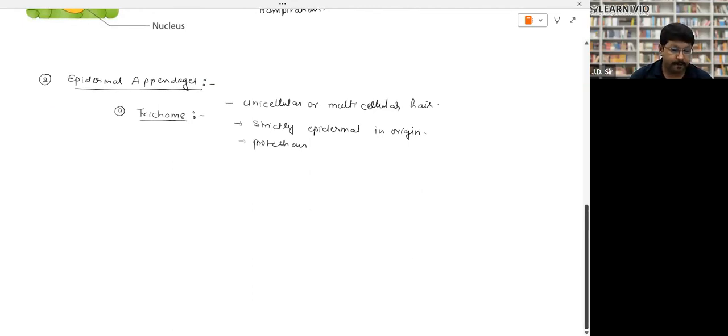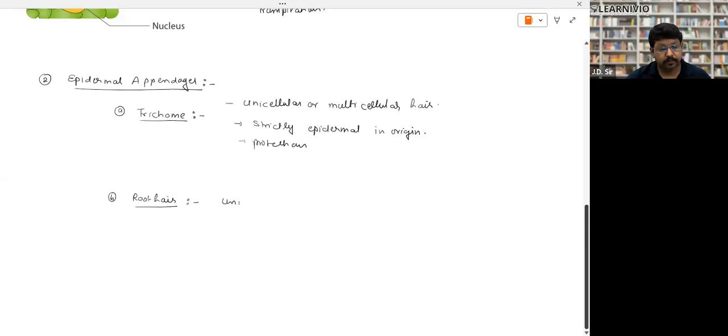Come to the second one, root hair. Root hair, that we have also discussed. They cannot be multicellular.